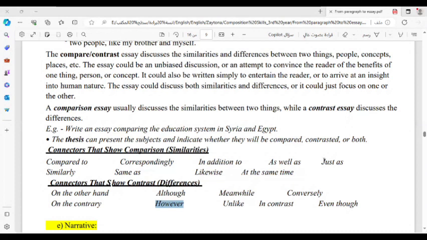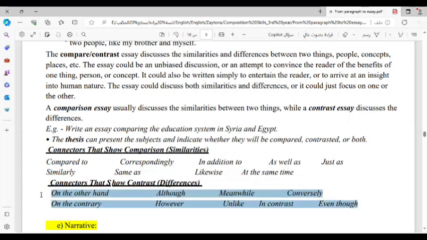Okay, great. We have this word, which is conversely. Can you use it in a sentence? What do they mean? Conversely, all of them have a similar meaning.